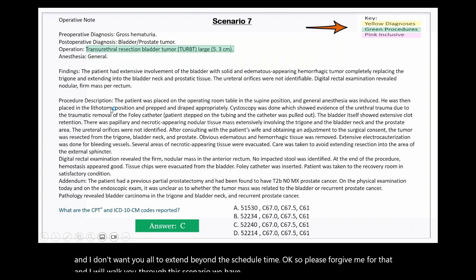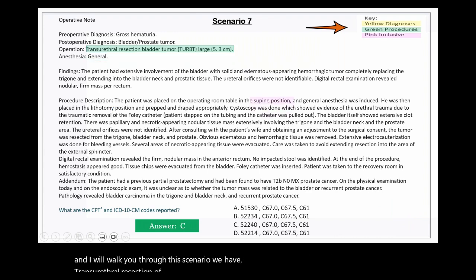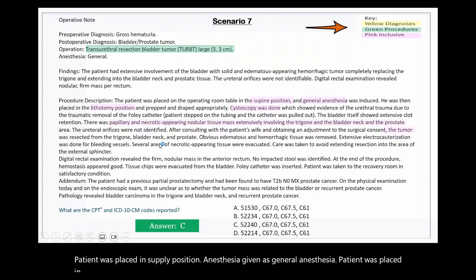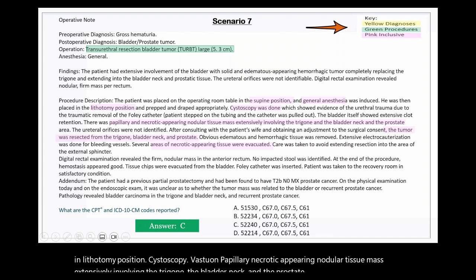We have a transurethral resection of bladder tumor performed, which is the TURBT procedure. Patient was placed in supine position, anesthesia given is general anesthesia. Patient was placed in lithotomy position, cystoscopy was done. Papillary necrotic appearing nodular tissue mass extensively involving the trigone, the bladder neck, and the prostate was resected.